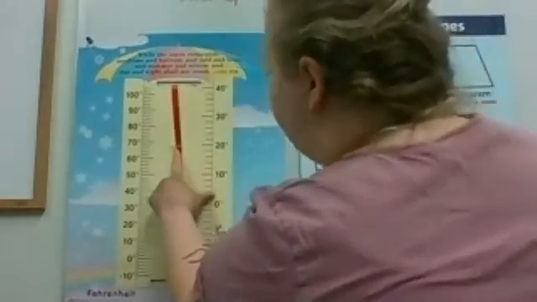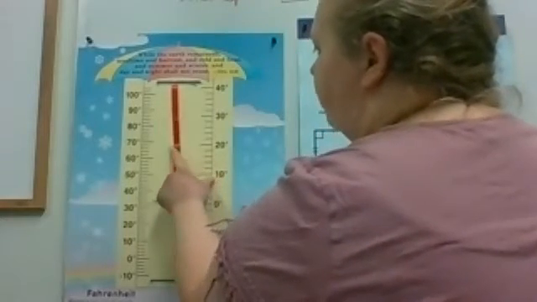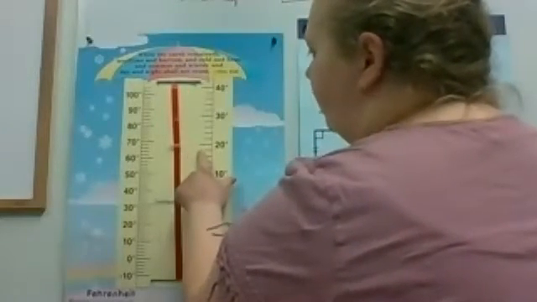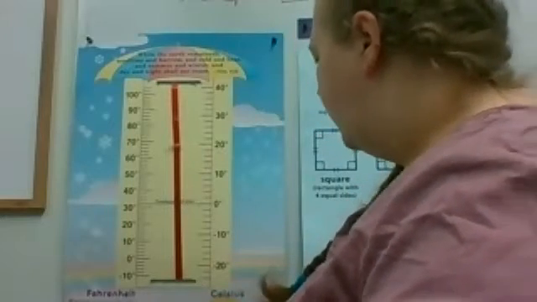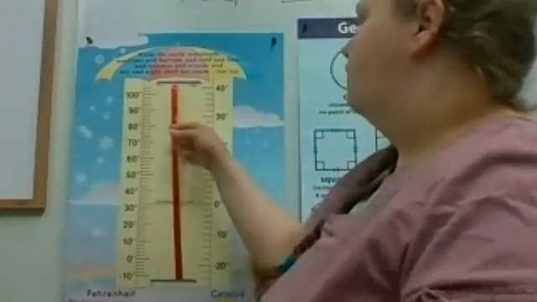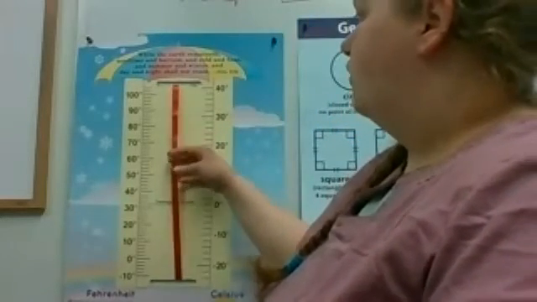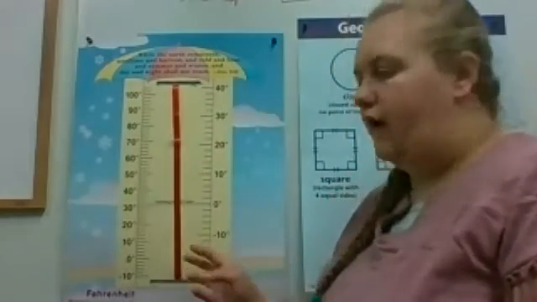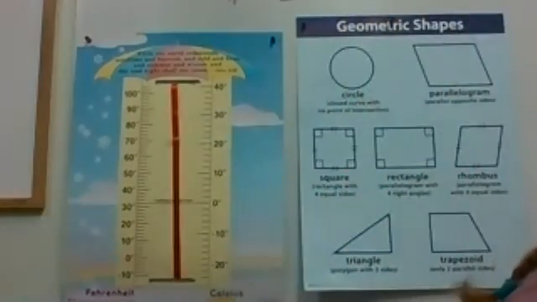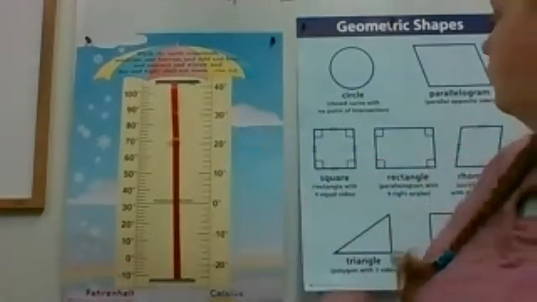And then on the other side, if it's 65, it's going to be about 18 degrees Celsius. I don't have a for sure number on that one. It's close to it. But we'll leave that.